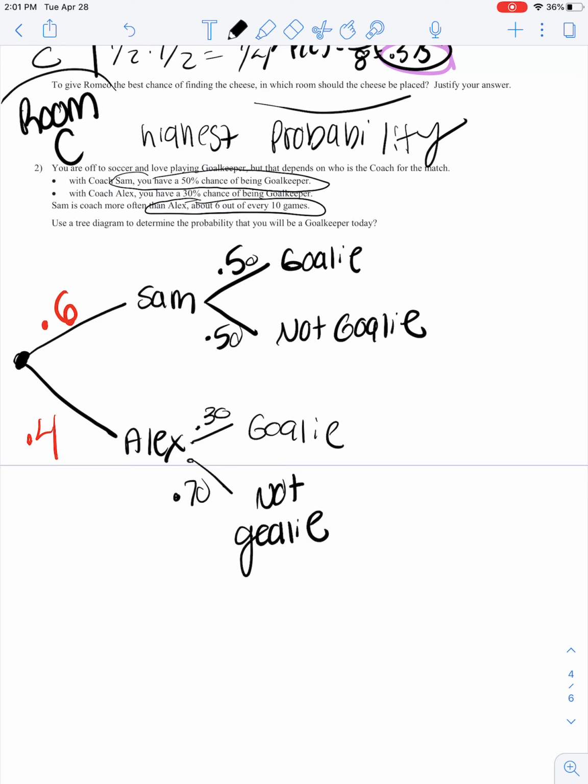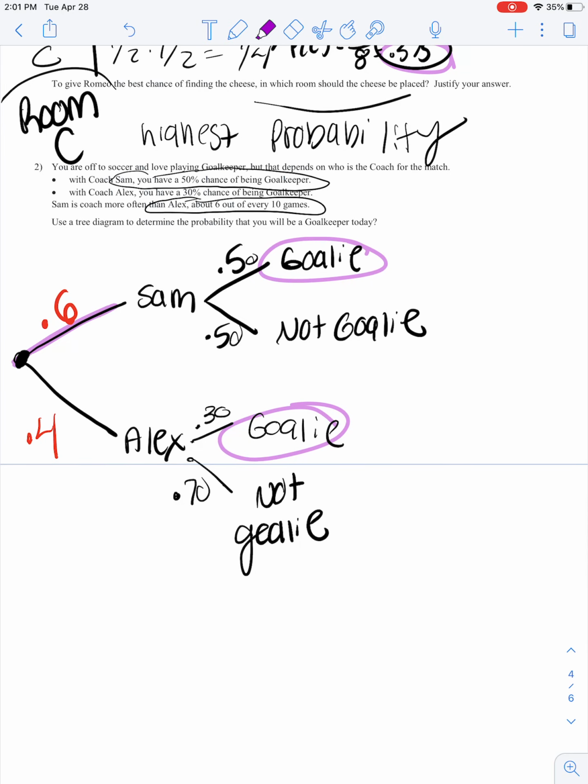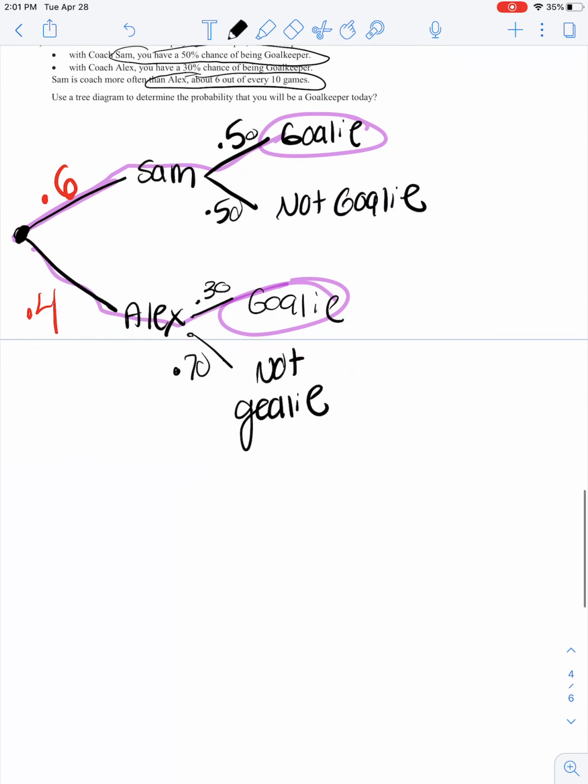So let's use it to determine if you're going to be the goalie or not. Well, there's 2 outcomes that you're the goalie. And they go this way and that way. So the first probability of you being goalie is 0.6 times 0.5.